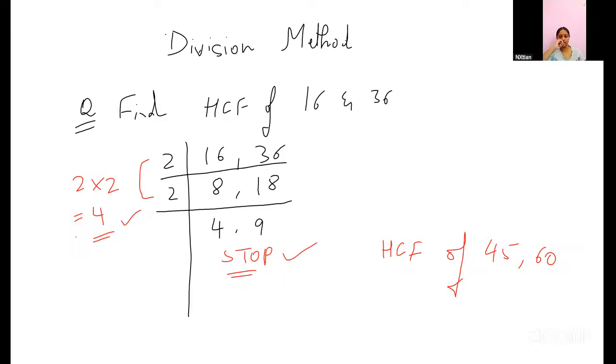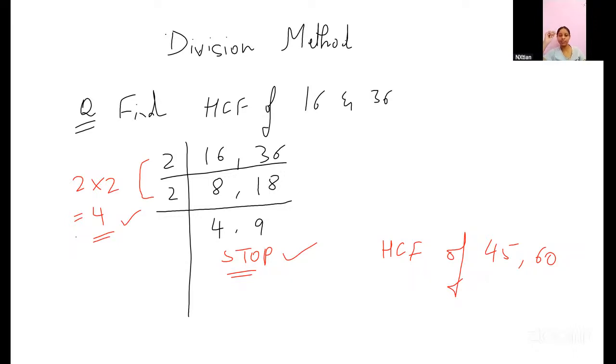So it was 45 and 60. I did it with 5, and then my answer was 9 and 12. So can I change the number 5 to 2 or to another number which can divide these two numbers?